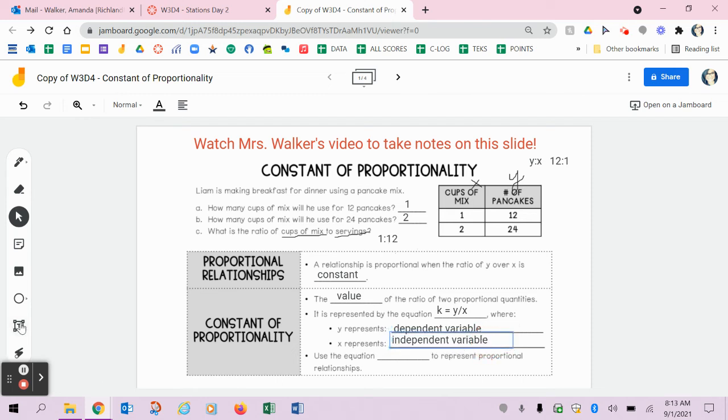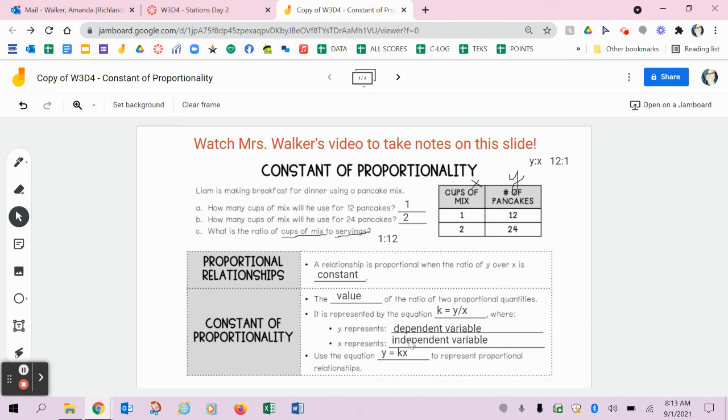So this is how we solve for k, but then we actually plug k into the equation for proportional relationships, y equals kx.